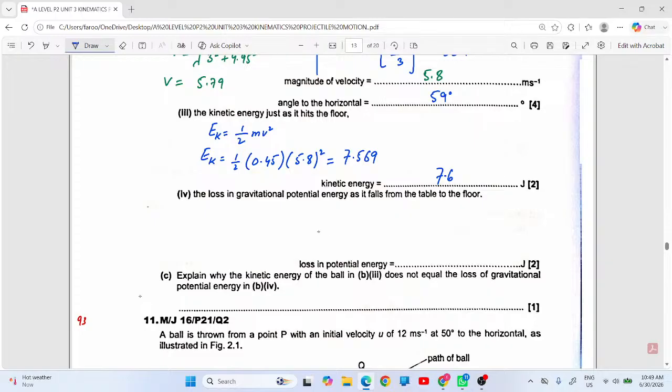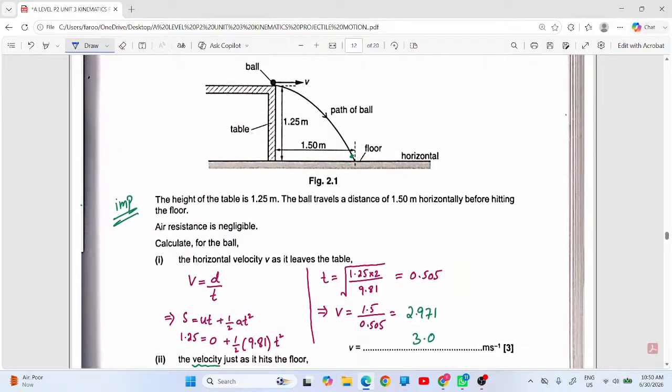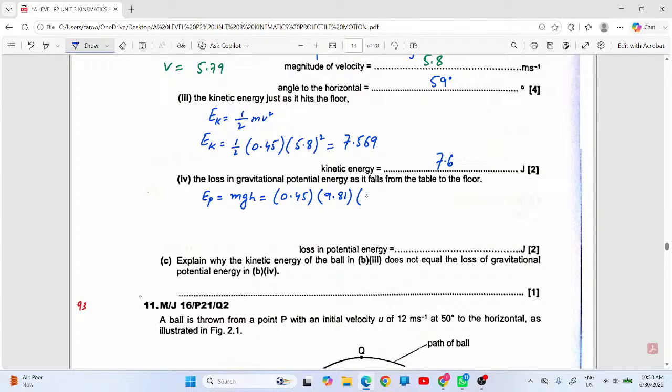Loss in gravitational potential energy. पोटेंशियल एनर्जी होती है mgh. m था 0.45, g is 9.81, h is the height, 1.25. तो चेक करो क्या था आंसर. 5.52, this is 5.5 ही होगा. 5.5 joule. This is the potential energy.